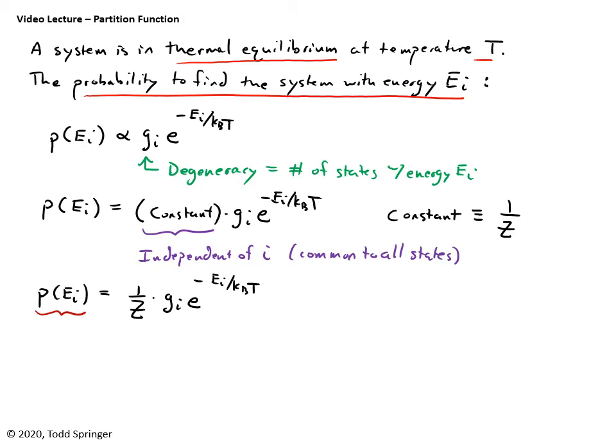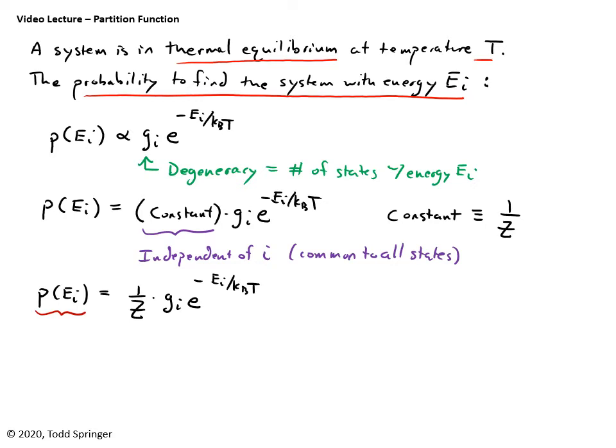And what you know about probabilities is, this is the key idea of the whole lecture. It's a very simple idea. When you add up all the probabilities of all the energy states, it's got to add up to 1, right? Probabilities have to add up to 1.